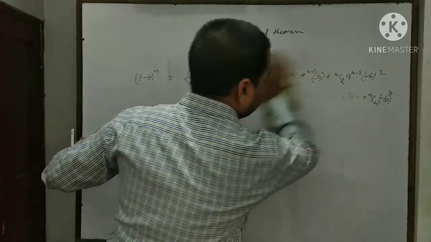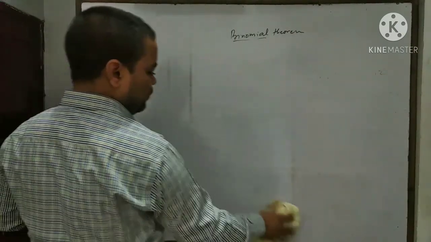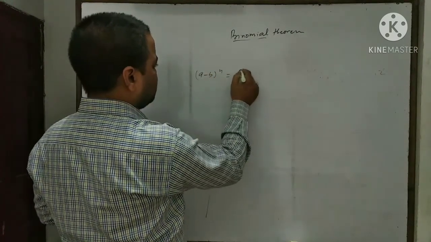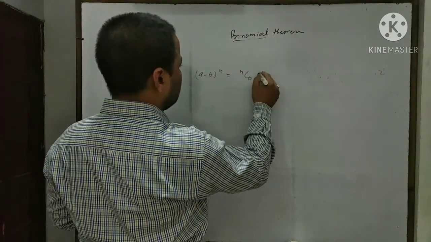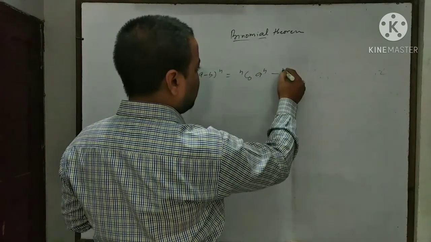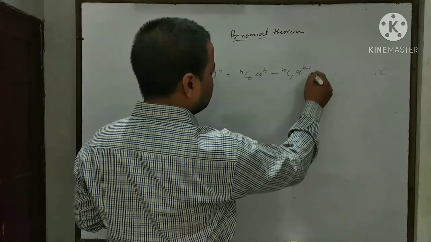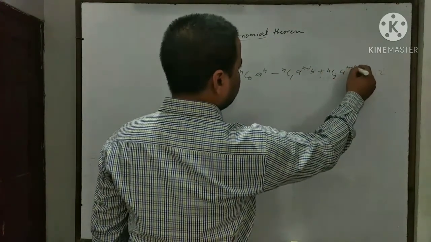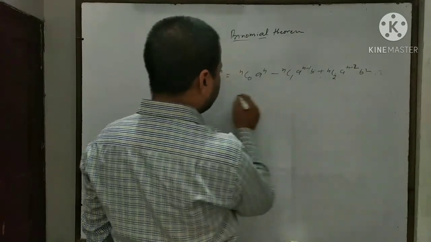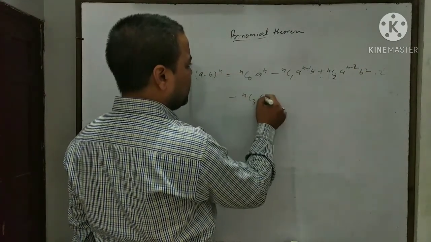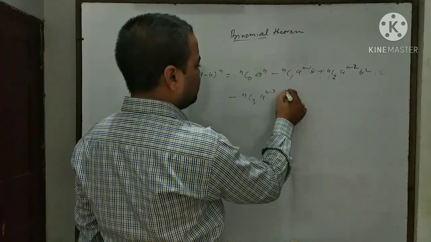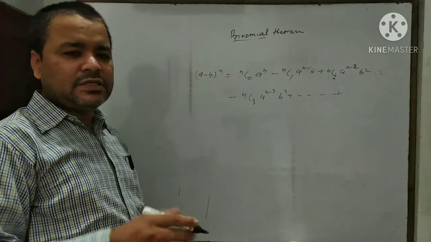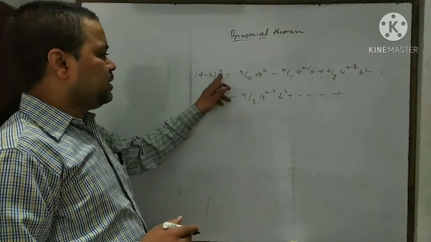In this way we can write a minus b raised to the power n is equal to nC0 a raised to the power n minus nC1 a raised to the power n minus 1 b plus nC2 a raised to the power n minus 2 b square, again minus nC3 a raised to the power n minus 3 b cube, and so on. But for the nth term, we do not know the value of n, whether it is even or odd.